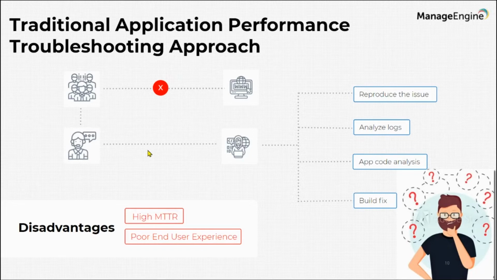So how can you overcome this? You would need an application performance management solution to overcome these problems of high repair ratio, where the experiences of your customers are already impacted.